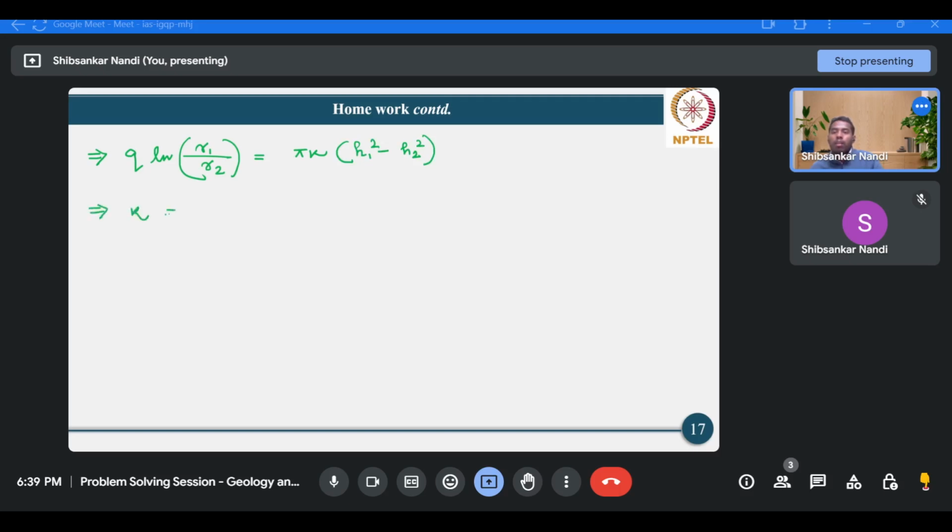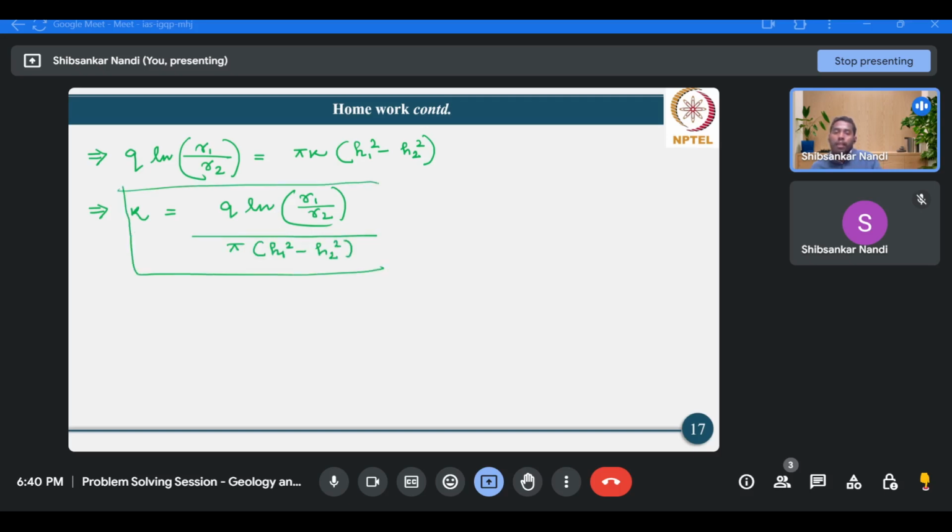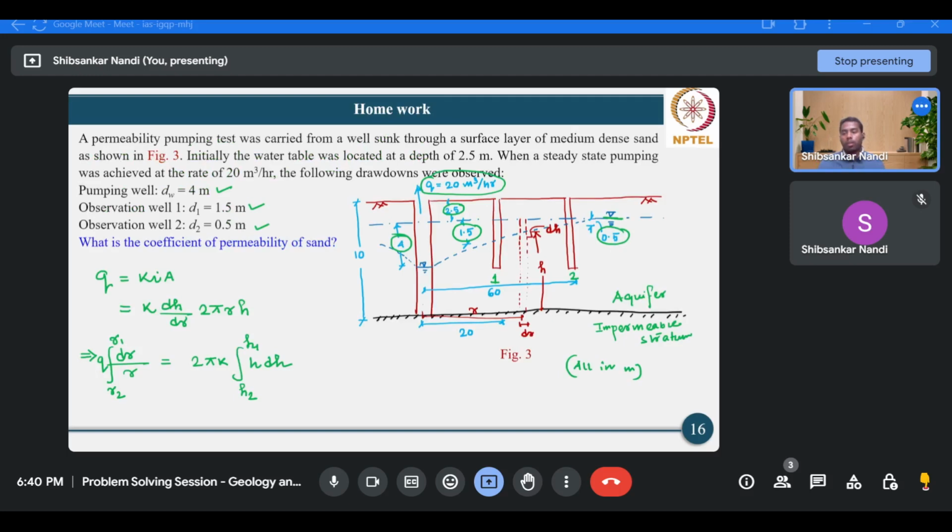So k would be q ln R1 by R2 divided by pi times H1 square minus H2 square. So this is the final expression of hydraulic conductivity based on this pumping out test.